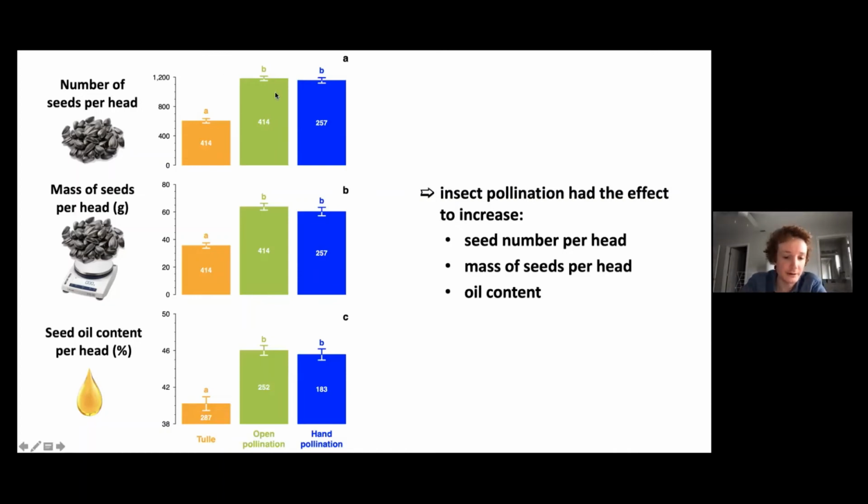And on the other hand, the yields got with the heads which were left in open pollination are the same as the yields with the heads that were hand pollinated.